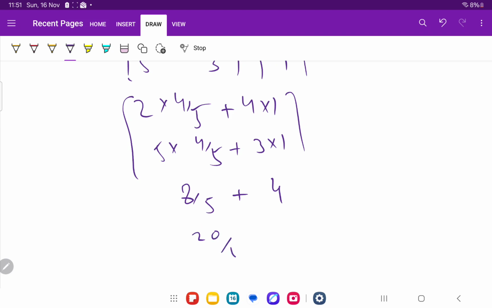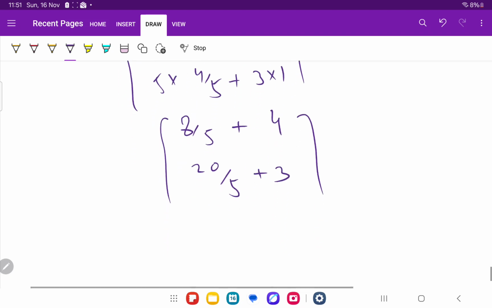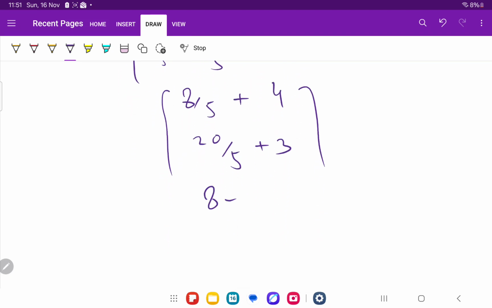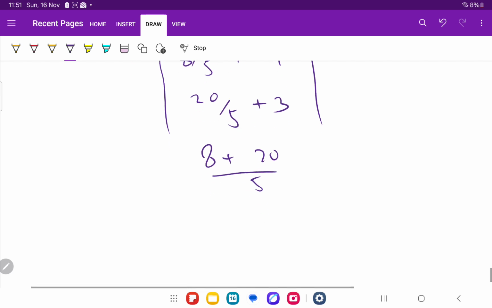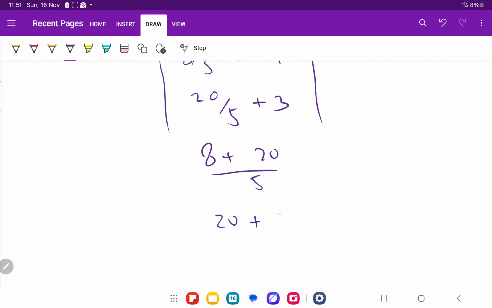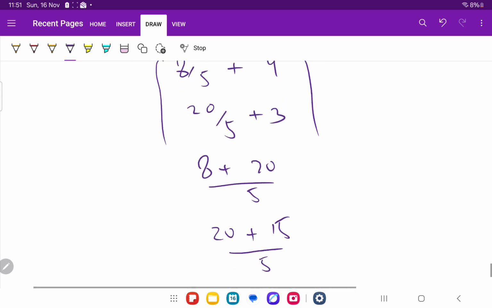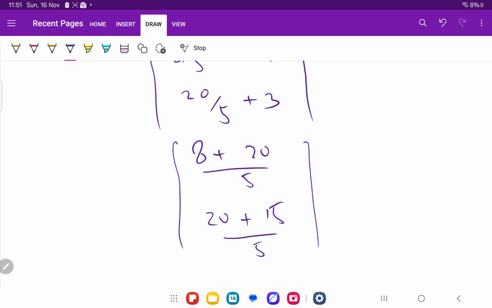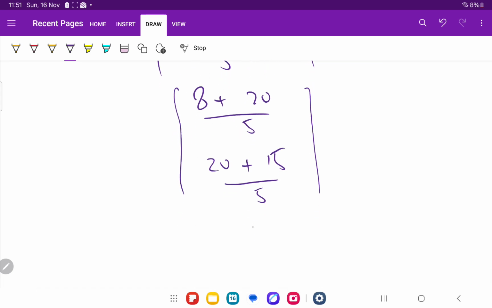So 20 by 5 plus 3. So 8 plus 20 by 5 and 20 plus 15 by 5. Okay. So it is 28 over 35, isn't it?